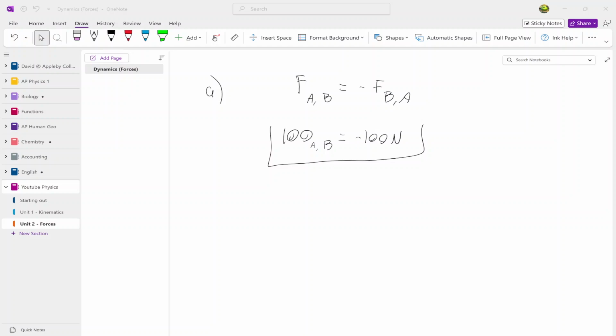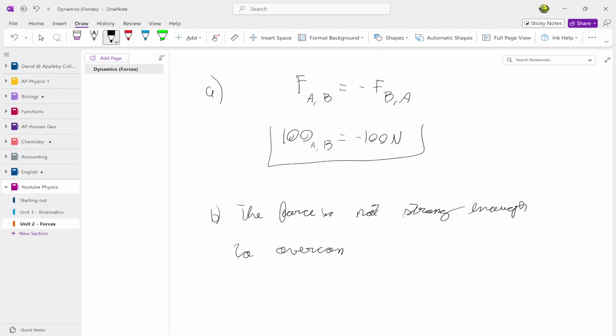Well, that is true, but on a simpler basis, not to connect it to earth, it's just simpler to say that the force is not strong enough to overcome friction.